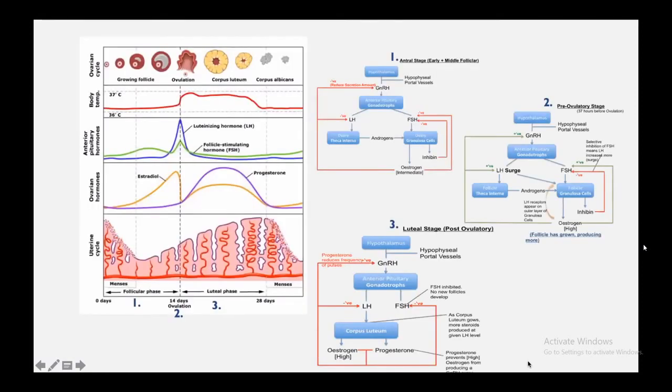So I wanted to explain the mechanism of action of your combined oral contraceptive pill, and I have brought in a menstrual cycle and the hypothalamus pituitary gonadal axis to explain the method of action.